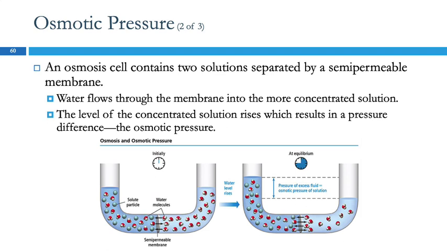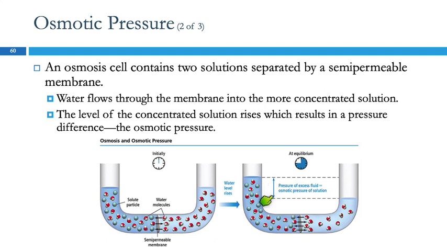And so over time, what we'll see is the water on this side will move to the other side. The level in this arm will be higher, and the level in this arm will be lower. And this looks like a manometer, right? We did this with mercury, and the difference in the heights represented the difference in pressure.